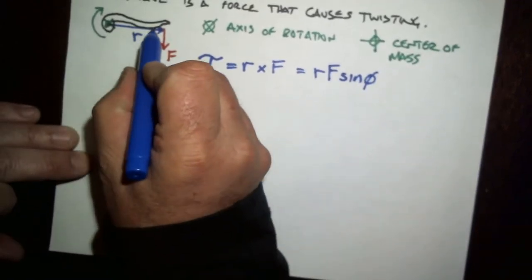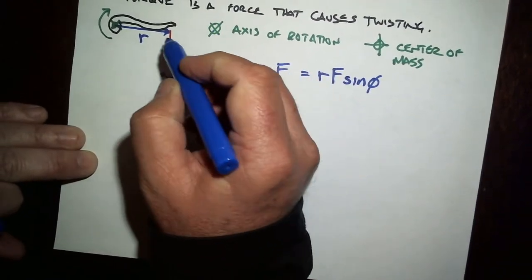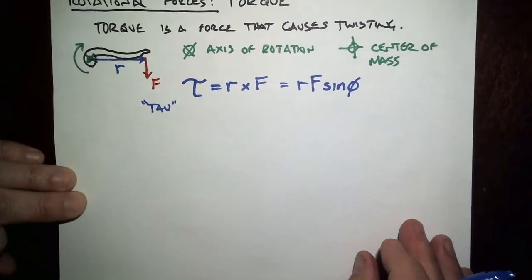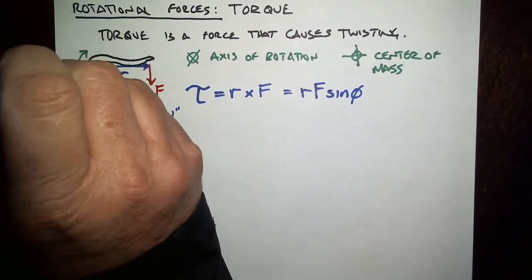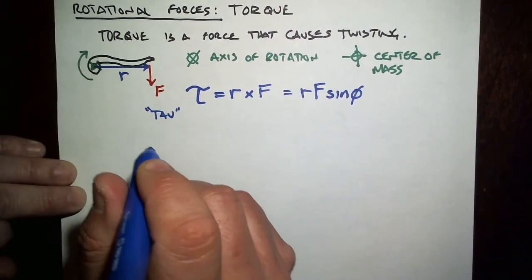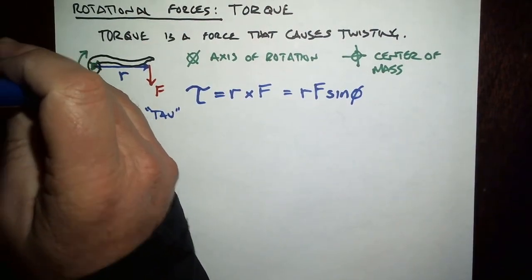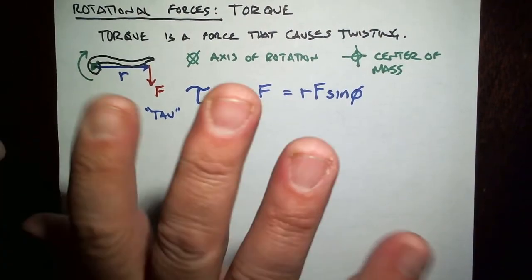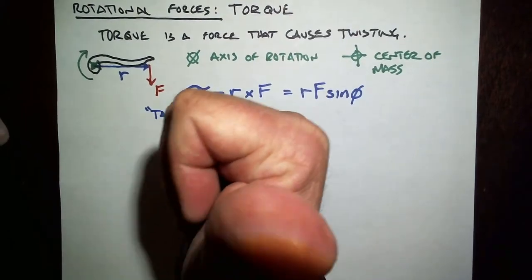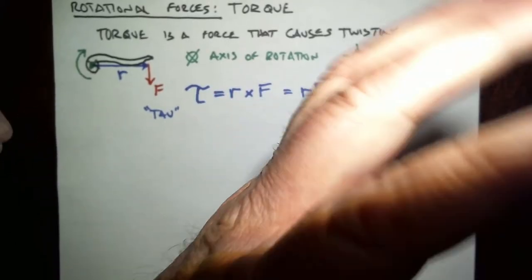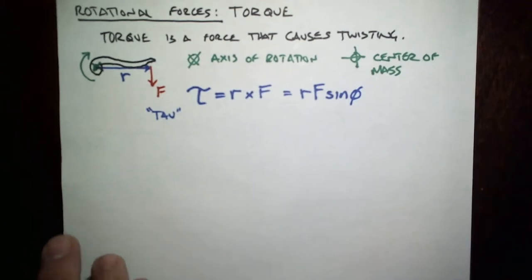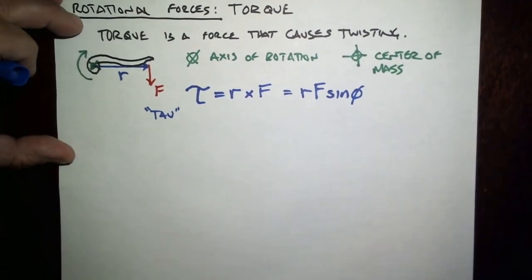That means that this torque created by this force is directed into the page. And if a torque is directed into the page, then it's going to go clockwise. If a torque is directed out of the page, it's going to go counterclockwise. Again, whatever your fingers can do. So if it's directed into the page, your thumb goes down this way, and your fingers can only rotate that way. Okay, so that's fun. We'll let that go.